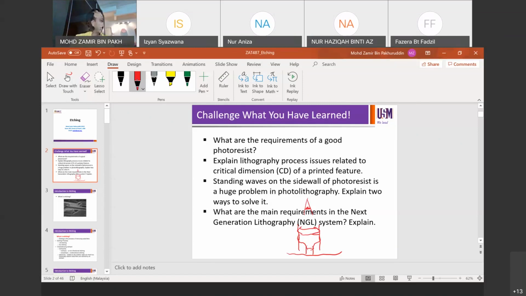Explain ways to solve standing waves. Can you relate it to CD? So how do we solve the standing wave?